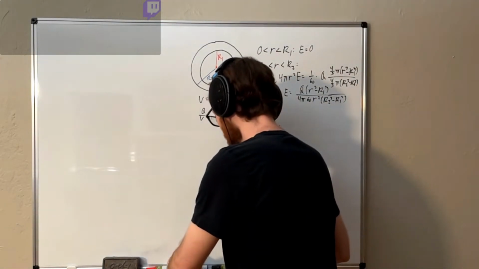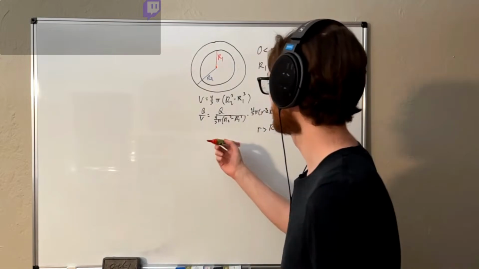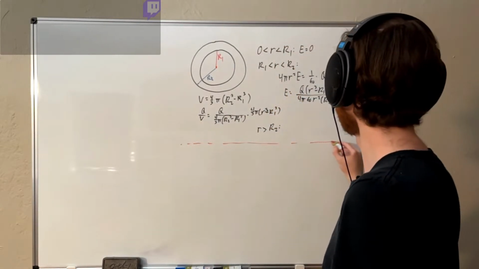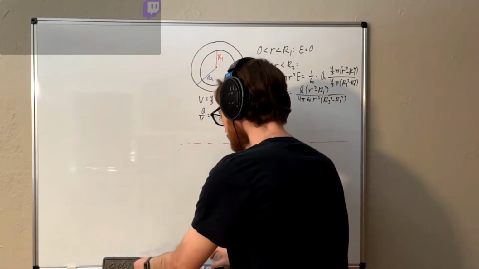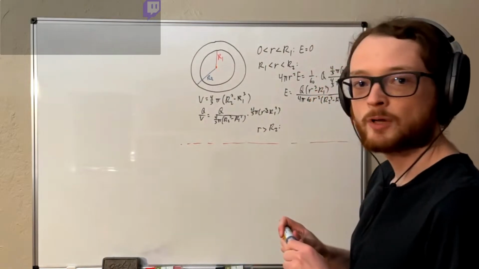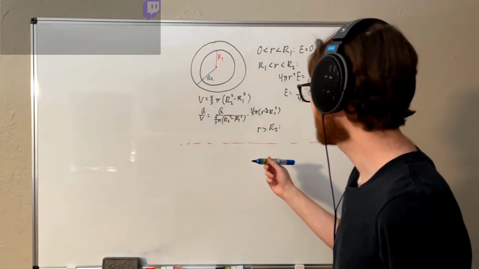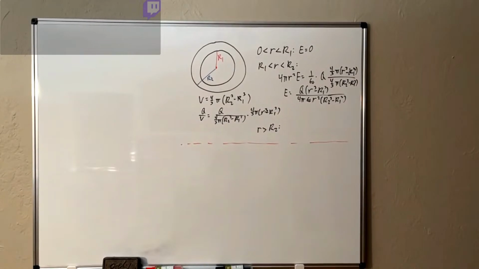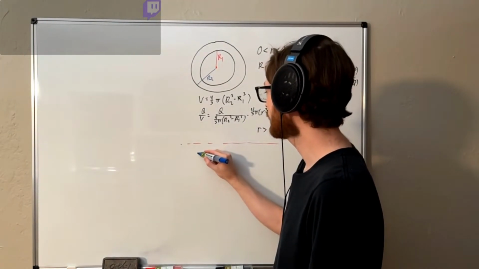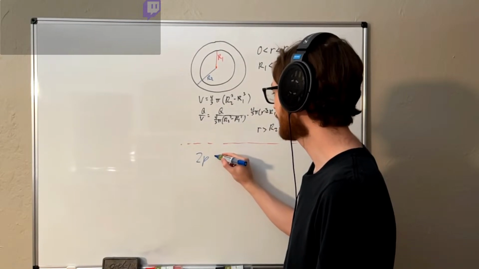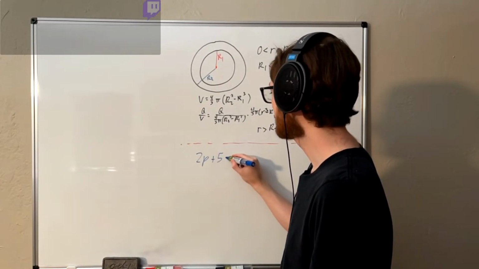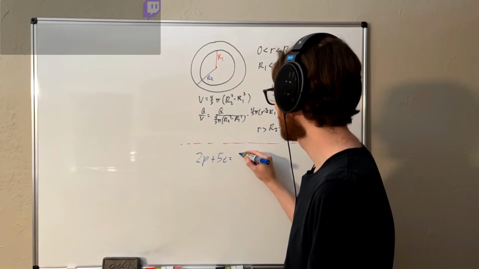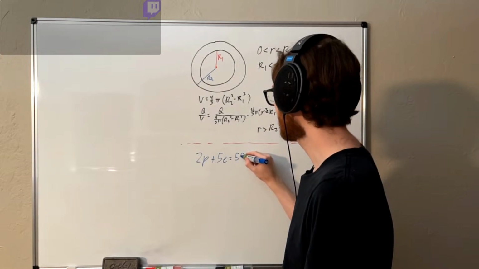I don't want to lose my work up here. So I translate that first sentence, 2 pencils and 5 erasers costs 50. So I'm going to say 2p for pencils plus 5e for erasers cost 55.